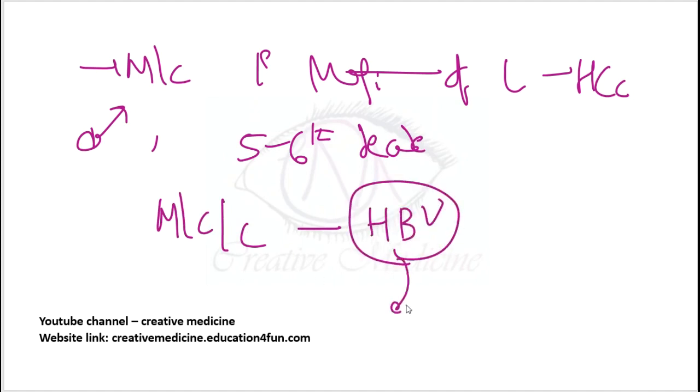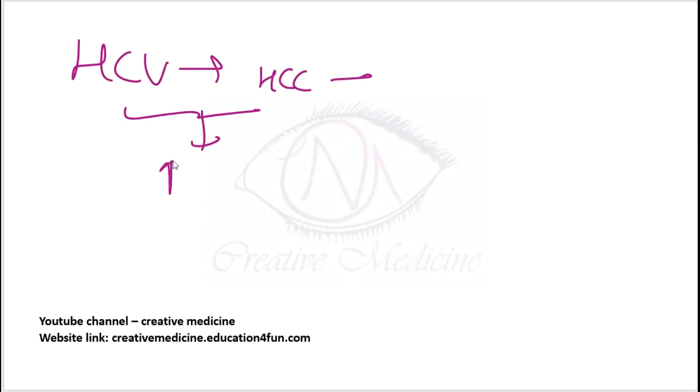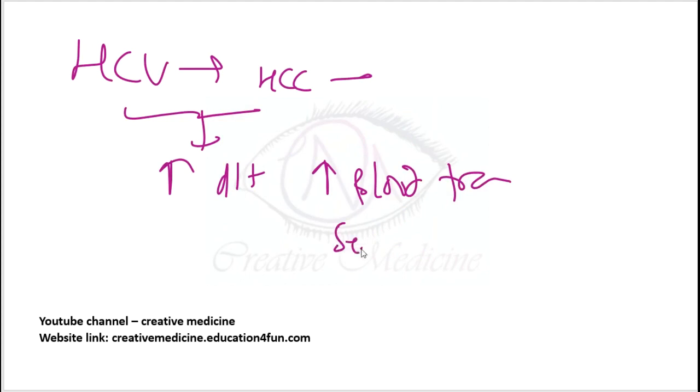But hepatitis B virus induced hepatocellular carcinoma is decreasing mainly due to vaccination, whereas hepatitis C virus induced hepatocellular carcinoma is increasing mainly due to increased blood transfusions, sexual transmission, and also its association with HIV.